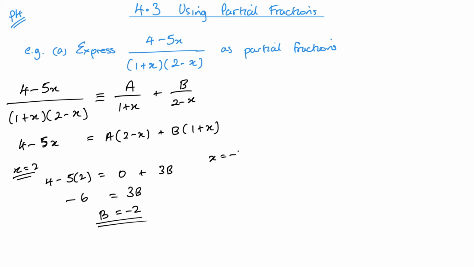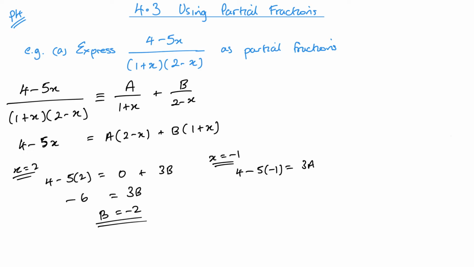Then substituting x equals minus 1 in, that'll get rid of this bracket. So 4 minus 5 lots of minus 1 is equal to, now for A, when I substitute minus 1 in here, I get 2 minus minus 1, which is 2 plus 1, which is 3. So we're looking at 3A.